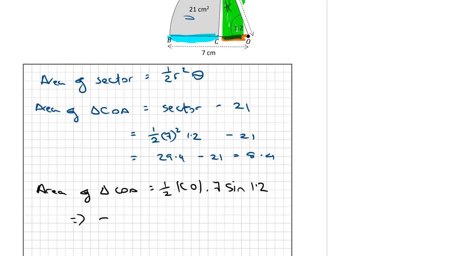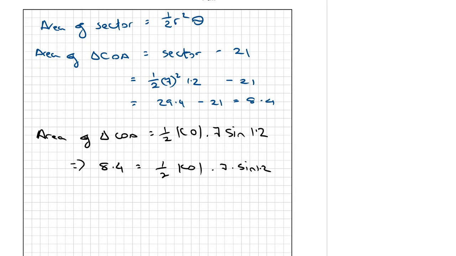So therefore 8.4 is equal to 1/2 of CO times 7 times sine of 1.2. When I rearrange that equation, CO is equal to 16.8 divided by 7 times sine of 1.2.